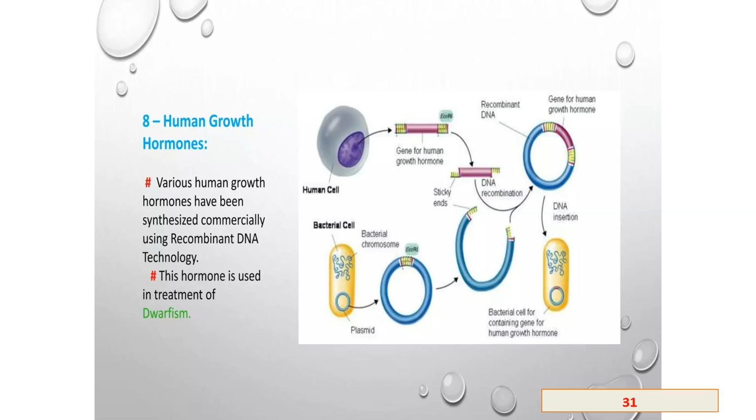Then the recombinant DNA is prepared for human growth hormone. Later, it is inserted into the bacterial cell, which contains the gene for human growth hormone. And such bacteria will produce a lot of growth hormone without any cadaver or any other source.